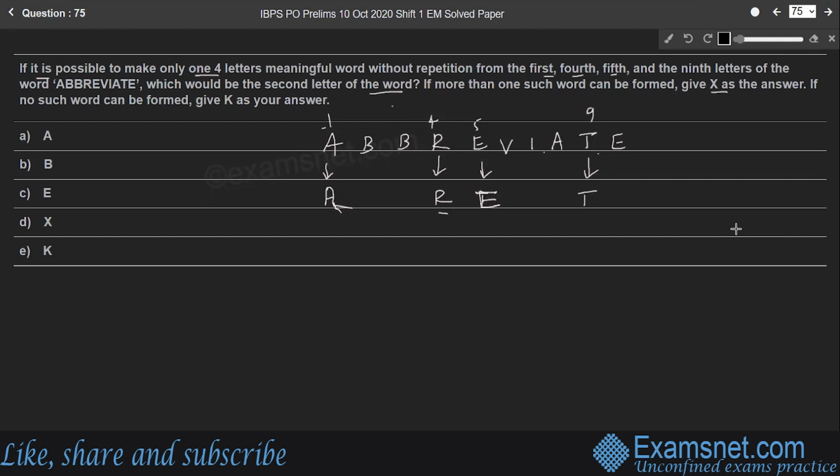We can form the word RATE, R-A-T-E, TEAR, T-E-A-R, and TARE, T-A-R-E. So more than one word can be formed, right? Therefore, we have to give the answer as X, because if more than one such word can be formed, give X as your answer. Therefore, the answer is option D, X.